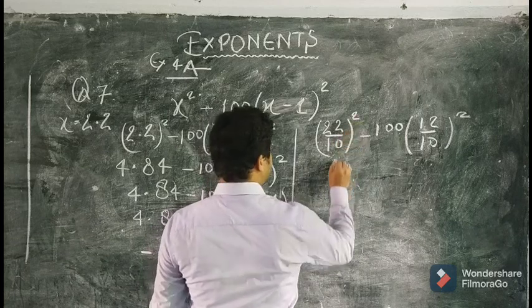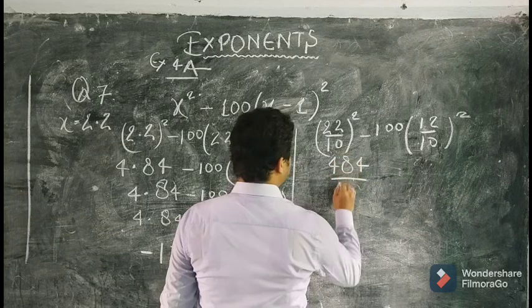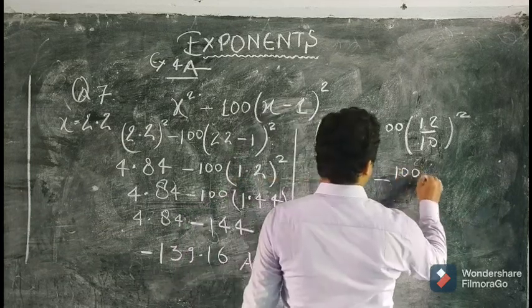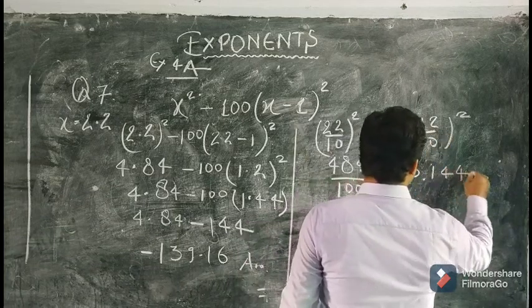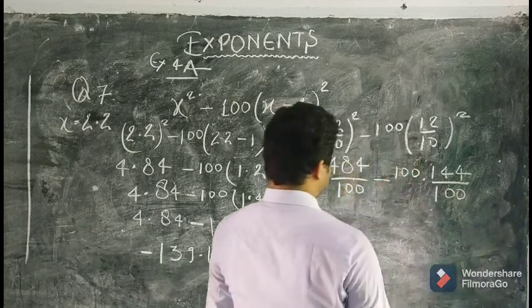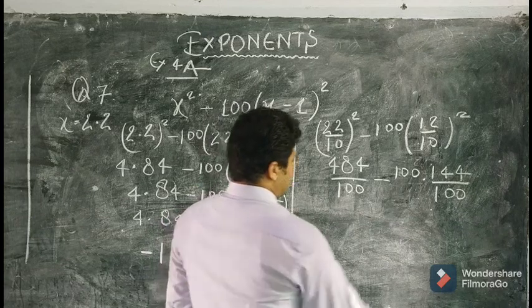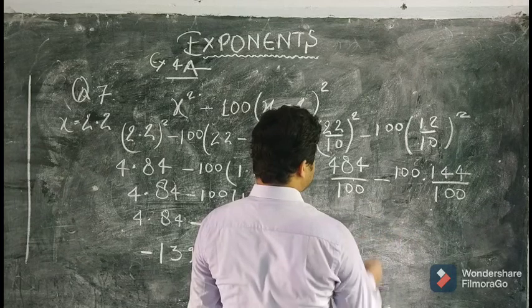So 22 square will be 484, and 10 square will be 100, minus 100 into 12 square which is 144 upon 100, right? Now you can cancel the double zeros, and then you can take LCM and solve the question.